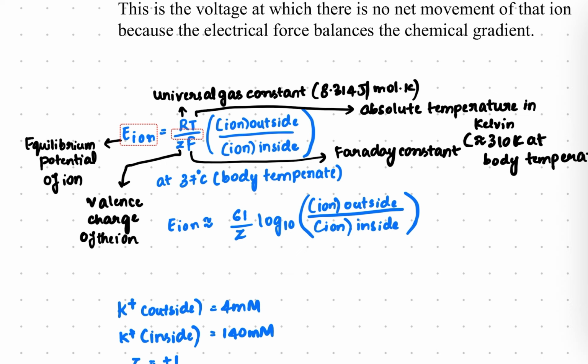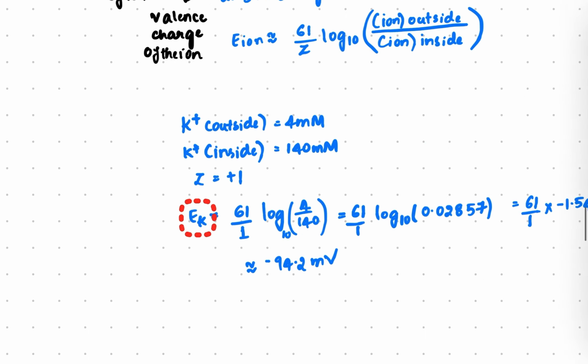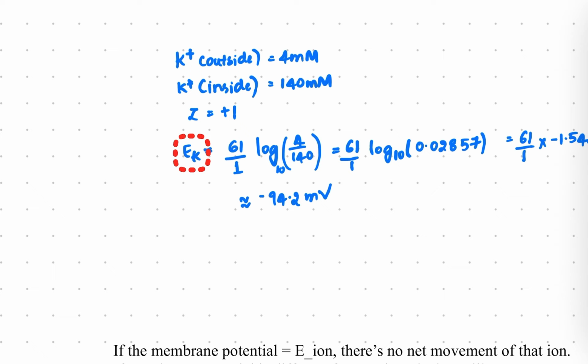If we take body temperature, that is 37 degrees centigrade or 310 Kelvin, the equilibrium potential of an ion is equal to 61 by Z log 10 of ionic concentration outside by ionic concentration inside. Let us calculate for potassium. Potassium outside is 4, potassium inside is 140, because it is more inside, and the valency is plus 1.